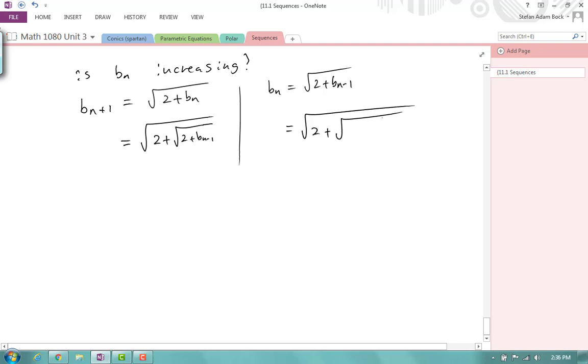But if I follow the pattern, this one is equal to the square root of 2 plus square root of 2 plus square root of 2 plus square root of 2. I have a total of n 2's, versus this one has a total of n plus 1 2's.